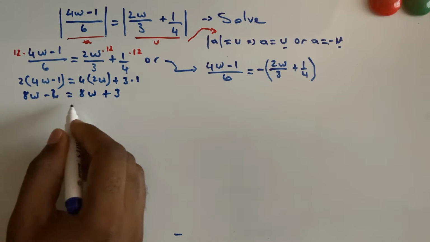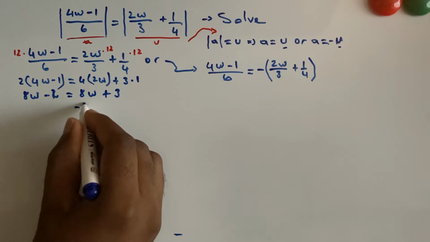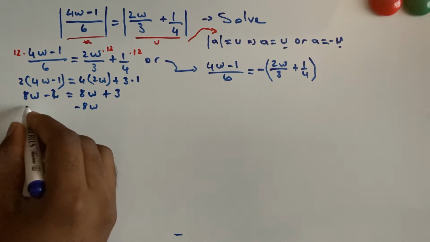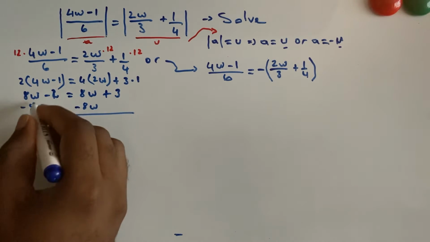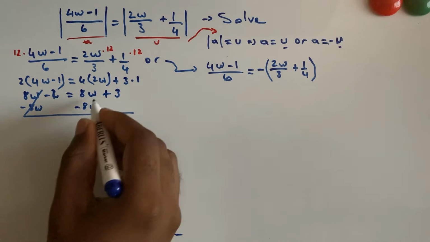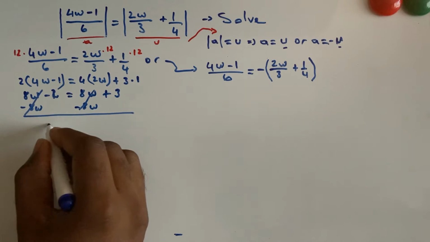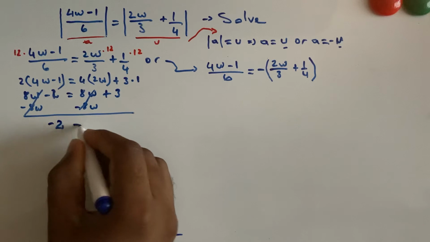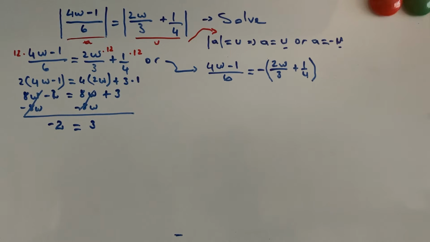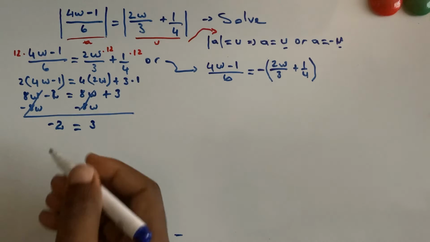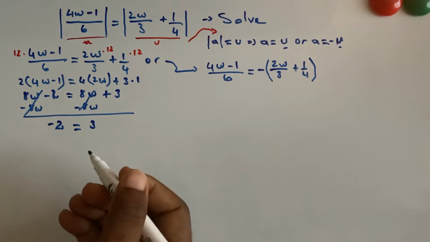So I would have to subtract 8w from both sides. If you subtract 8w from both sides, this will be canceled. This will be canceled. So you'll end up with -2 equals +3. This is a contradiction, right? It's impossible that -2 would be 3, okay?